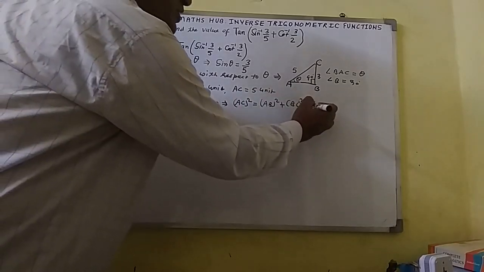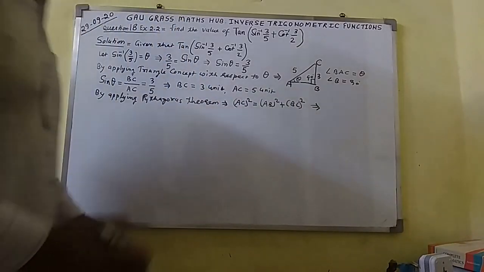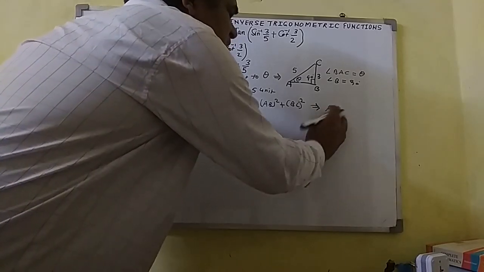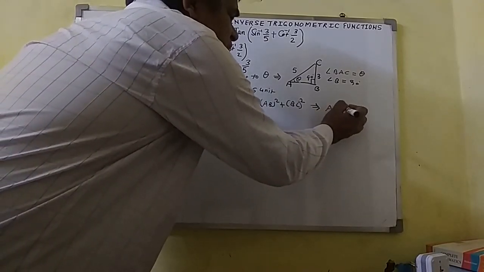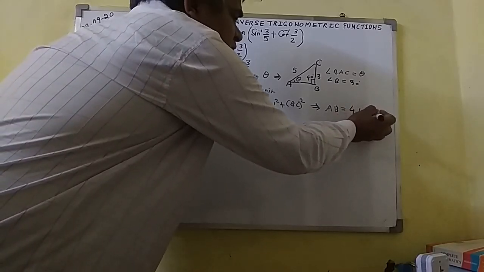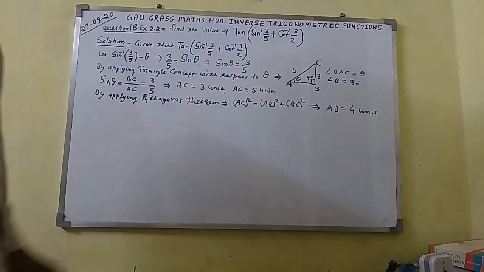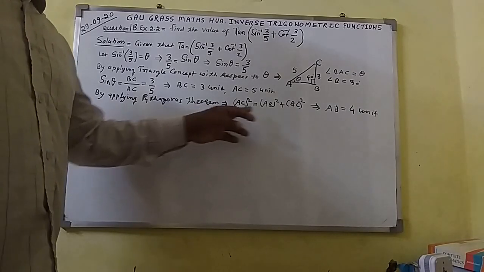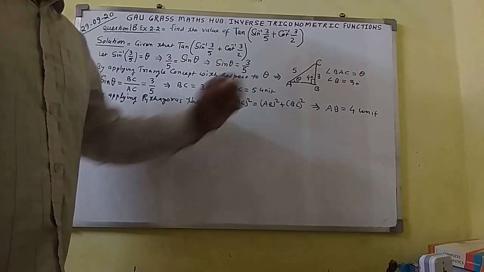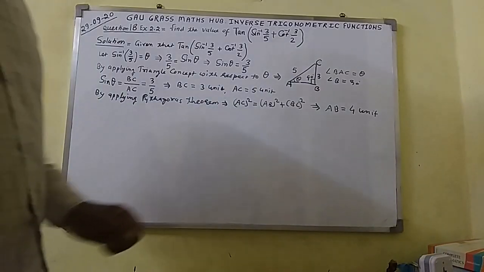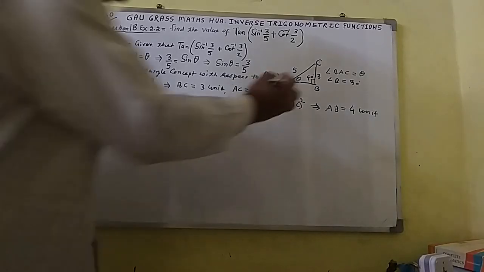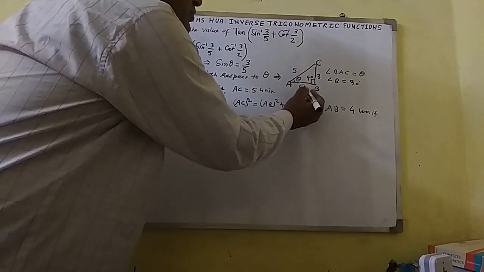With the help of this you will get the value of AB as 4 units. So here write 4 units.